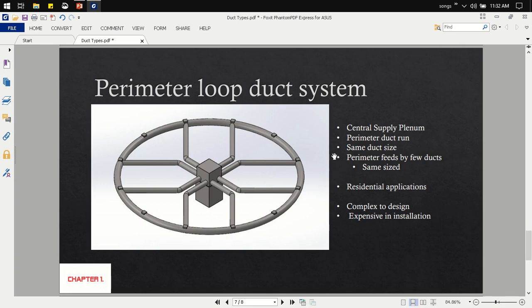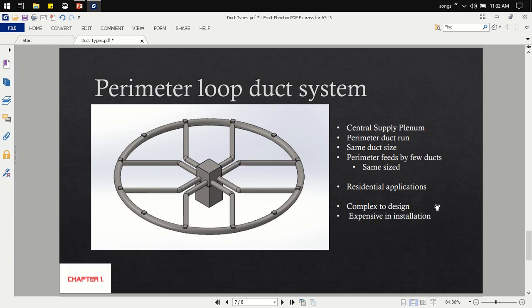The perimeter duct and the radial ducts have the same cross section, that means the radial ducts have the same cross section and the perimeter loop also is similar. At several points, registers are installed that release the conditioned air to the required spaces.